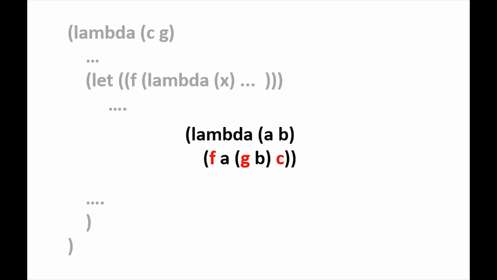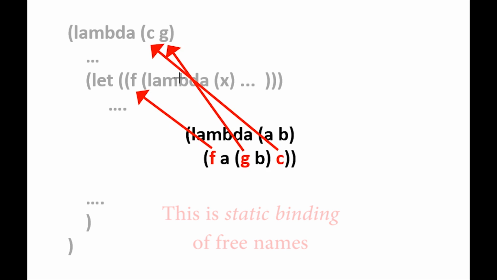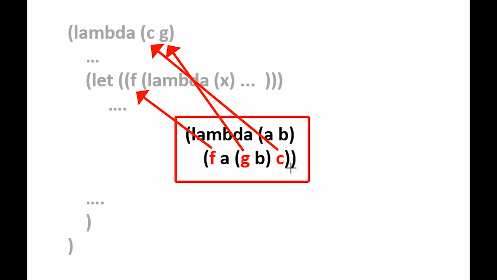Here we have one possible context where we see bindings of F, G, and C. So F is bound here, G is bound here, and C is bound to the first parameter of the outer lambda expression.